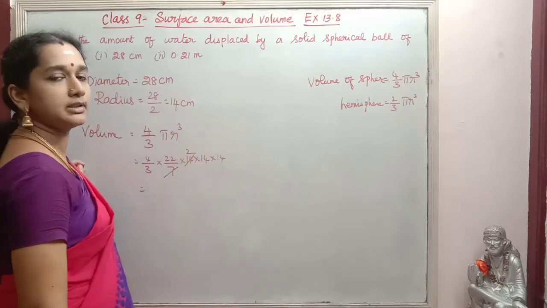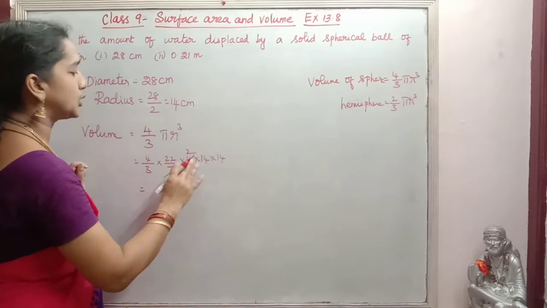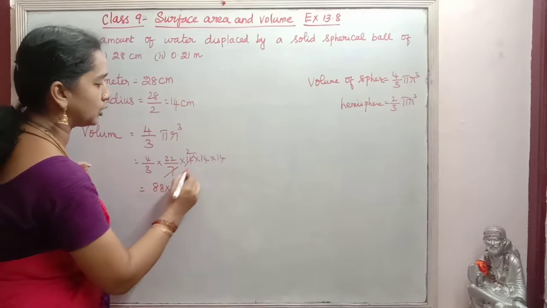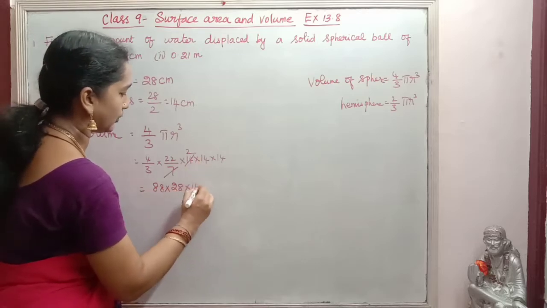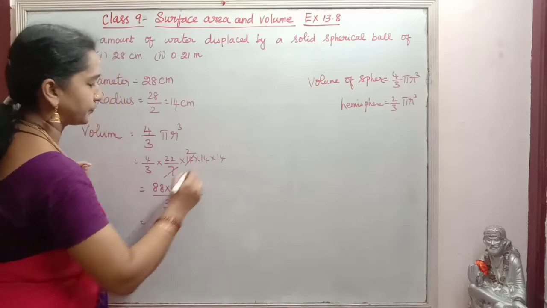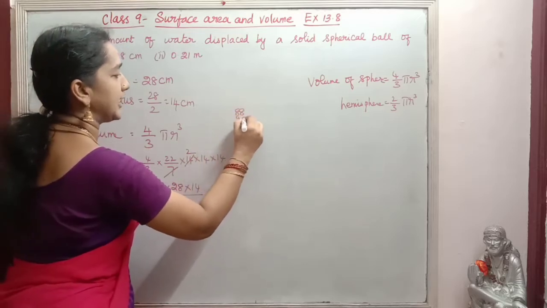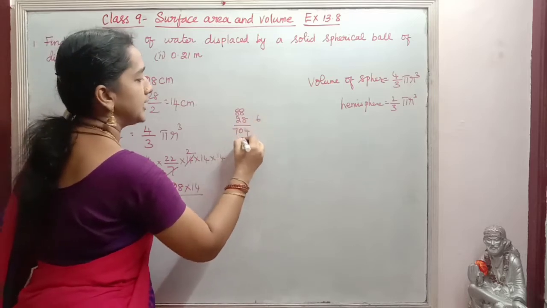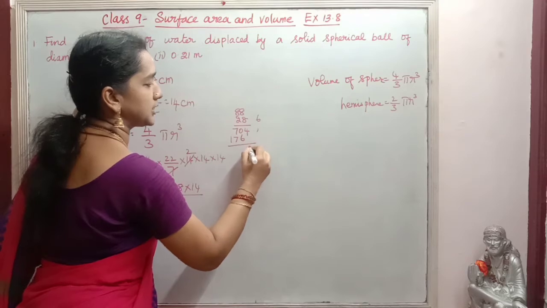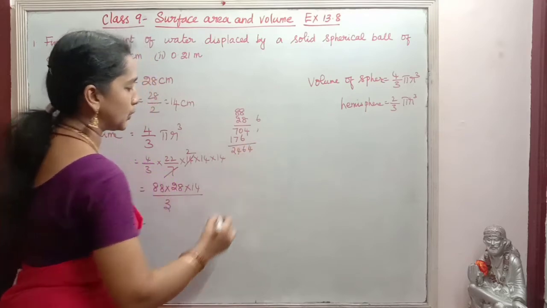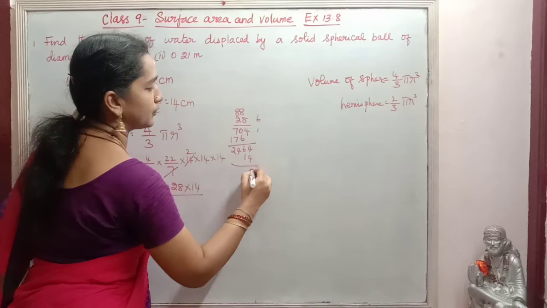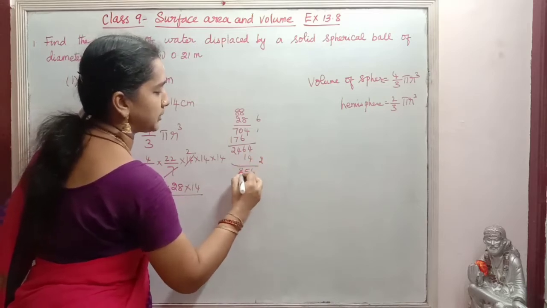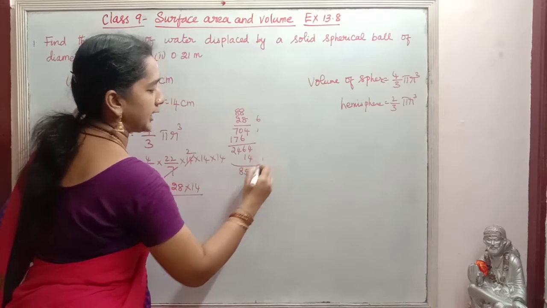There are no other terms to simplify, so we will multiply as it is. 22 into 4 is 88, into 14 2s are 28, into 14, divided by 3. So 88 into 28 is 2464, into 14.